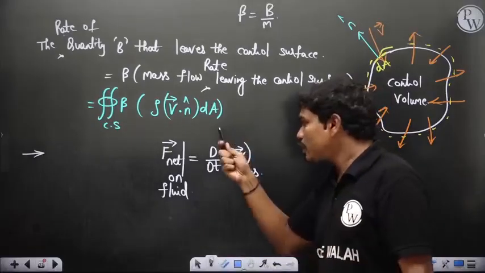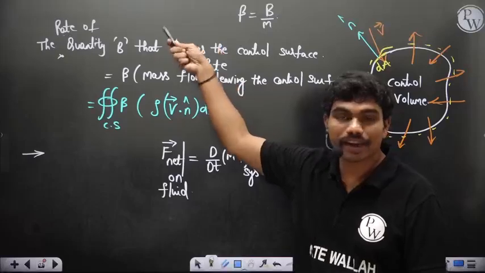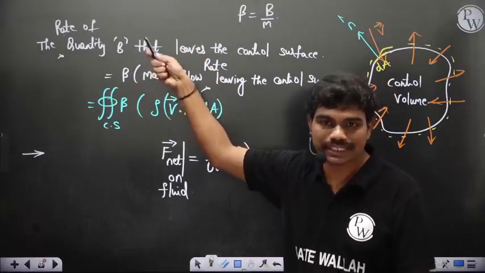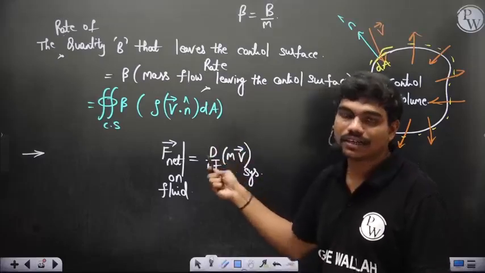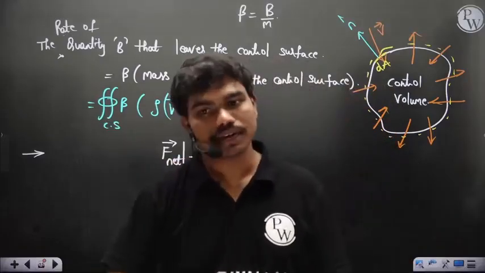And in Reynolds transport theorem, if you take capital B to be linear momentum, which is m into v, this part which is on the right hand side is actually the left hand side of the RTT. Got it?